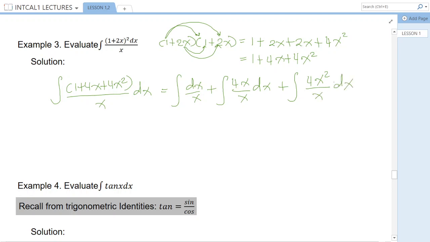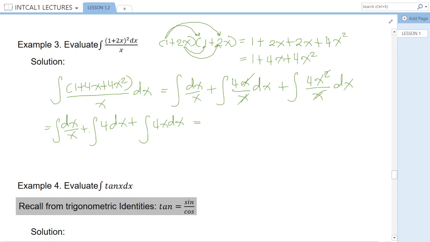Let us simplify this further. It will become the integral of dx over x plus, cancelling x, the integral of 4 dx plus the integral of 4x dx. We are now ready to integrate that one.